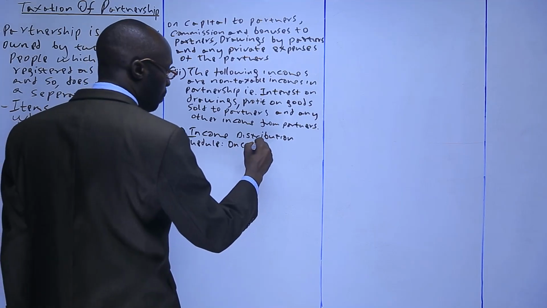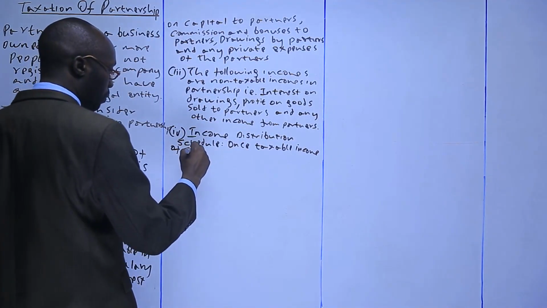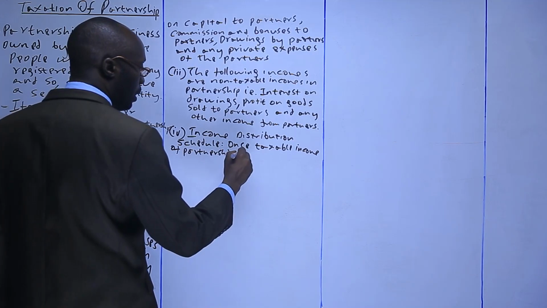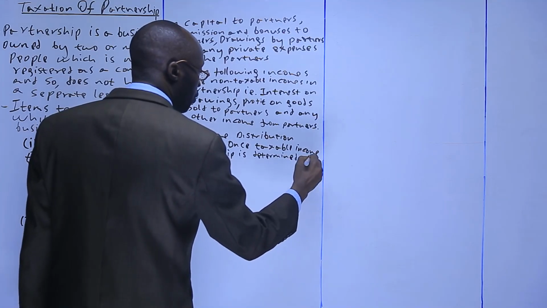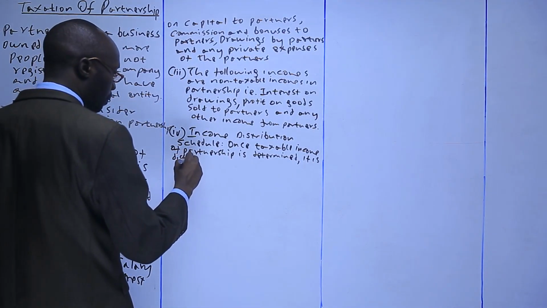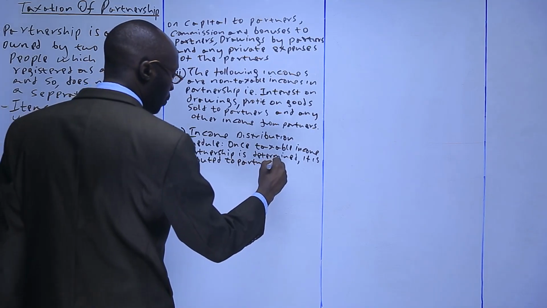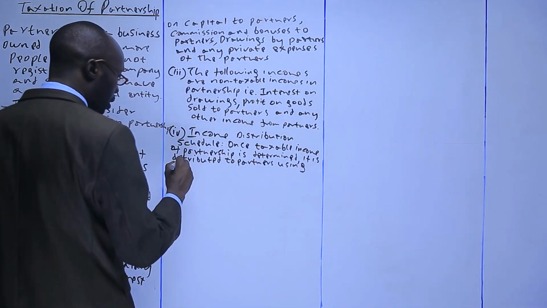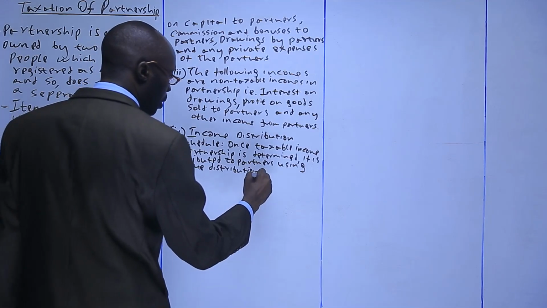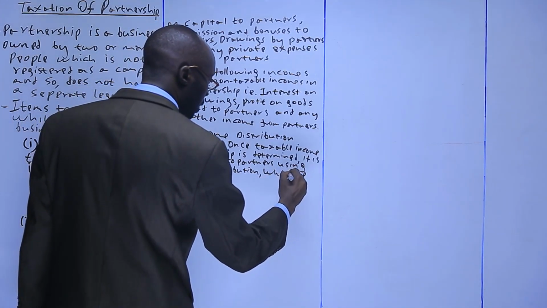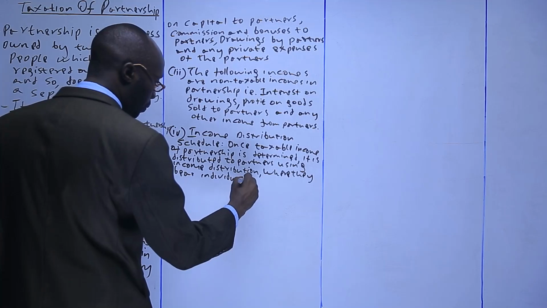Once the taxable income of the partnership is determined, it is distributed to partners using the income distribution schedule, where they bear individual tax burden.